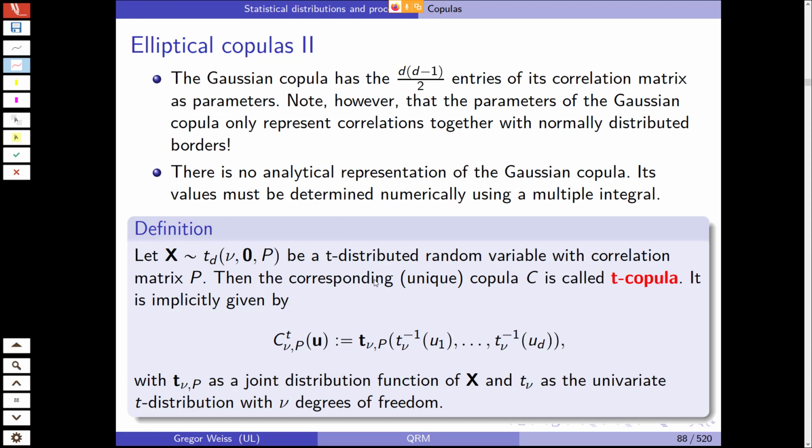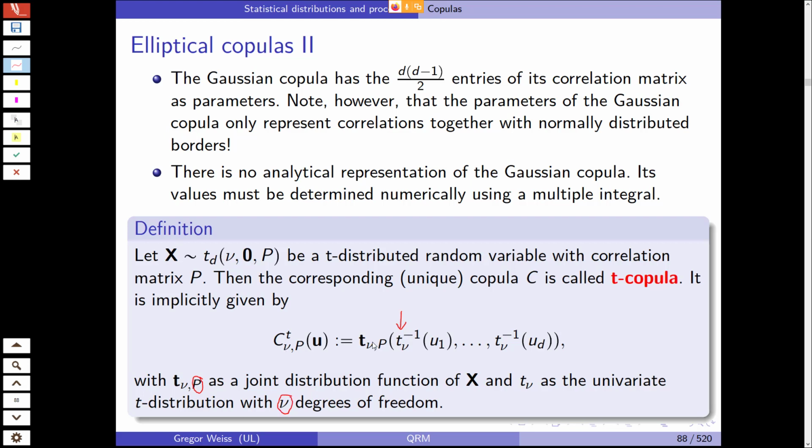You take a d-dimensional t distribution, you invert the univariate margins, and what you get is the so-called Student's t-copula, or just t-copula, and it is also implicitly given, with parameters P. This is a matrix of quasi-pseudo correlations, but we also have one additional parameter, nu, the degrees of freedom, just like with the t distribution.